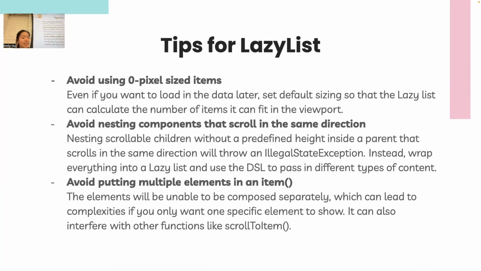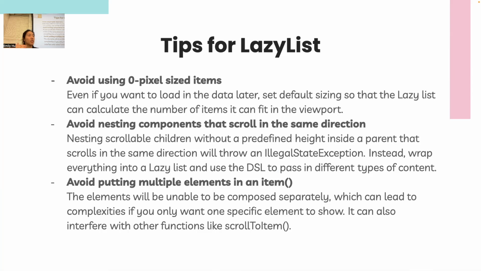And then also try to avoid putting multiple elements in an item. Sometimes that would look like wanting to put a text above an image, and you think they're grouped together, so you put them in one cell. But the correct way to do it is to make them separate items.